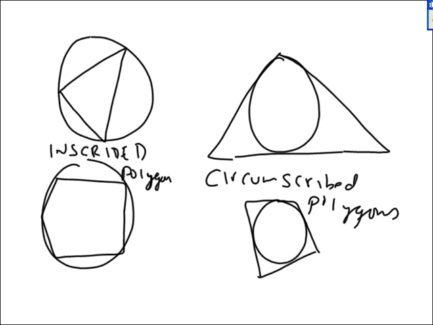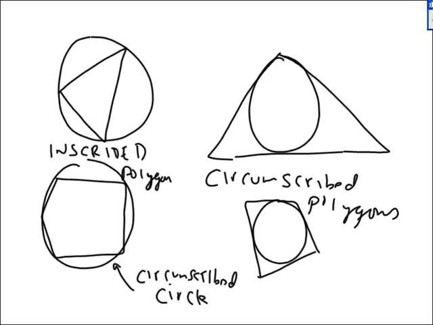Now, of course, you can talk about the circle being circumscribed. This one here, you have a polygon and the circle is outside. This is a circumscribed circle, because the circle is outside.